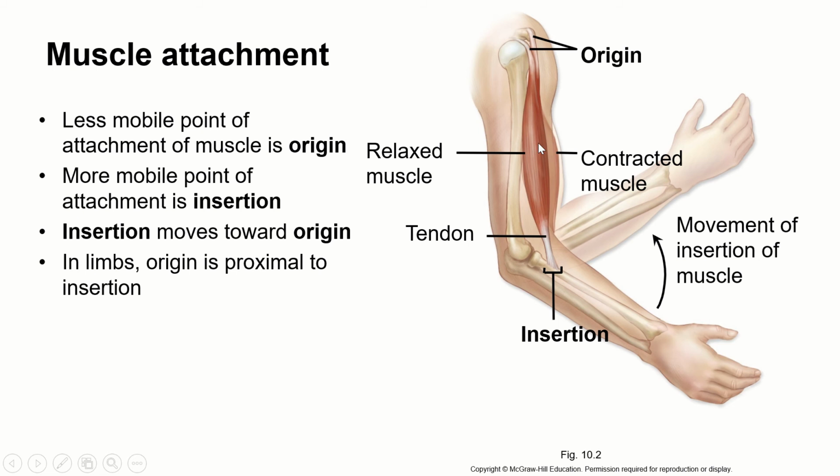And when this muscle contracts, it brings the radius toward the humerus bone. So the radius moves through the action of this muscle. The origin doesn't move when you contract this muscle. You can keep the shoulder stable and in one spot and bend the elbow. So that's what we mean by origin and insertion.